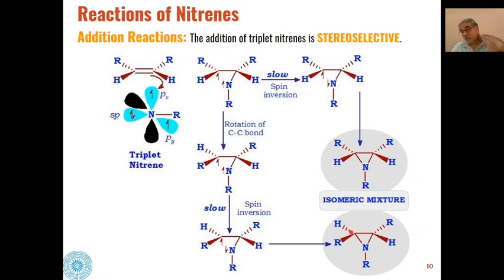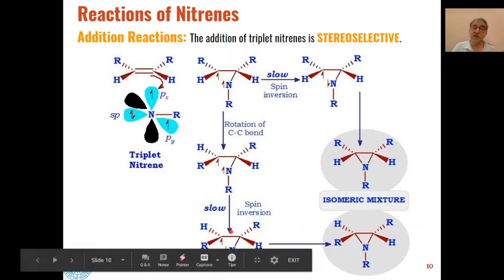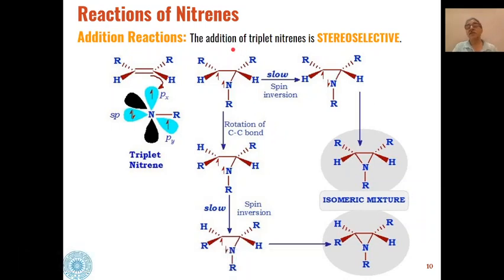So depending upon the stability of the transition states in both routes for the formation of products, the amount of each isomer will be determined. That is why reactions where we get an isomeric mixture are called stereoselective. So in a nutshell, singlet nitrenes give us stereospecific products, whereas triplet nitrenes give us stereoselective products.